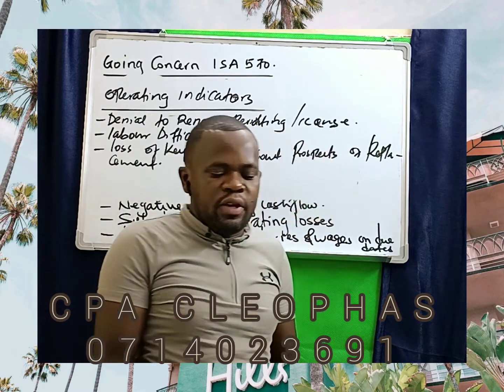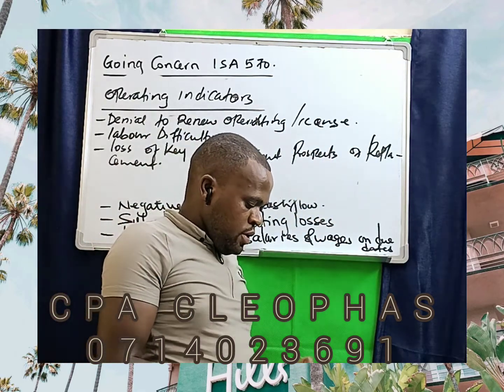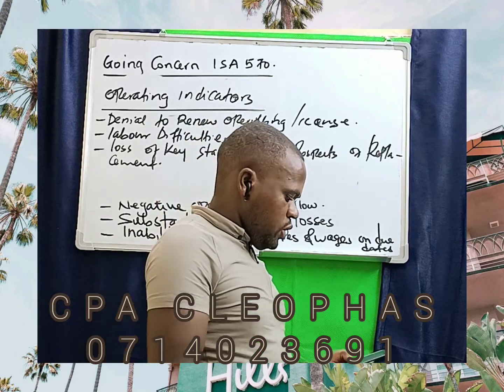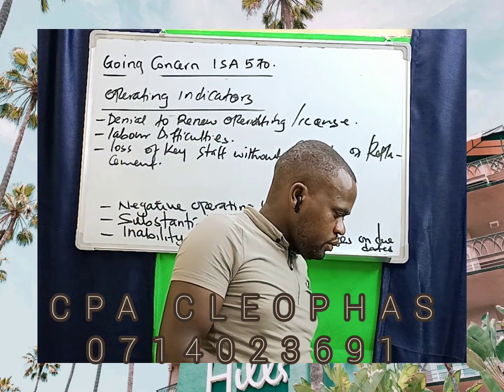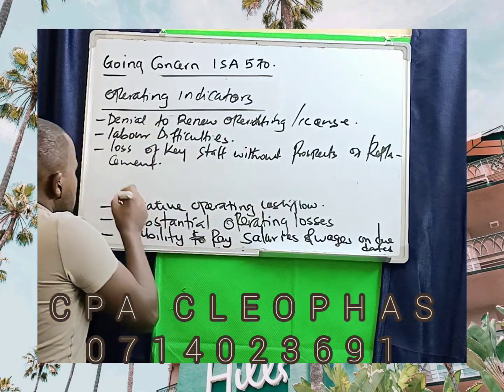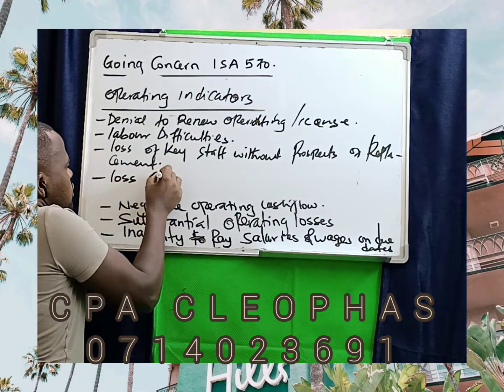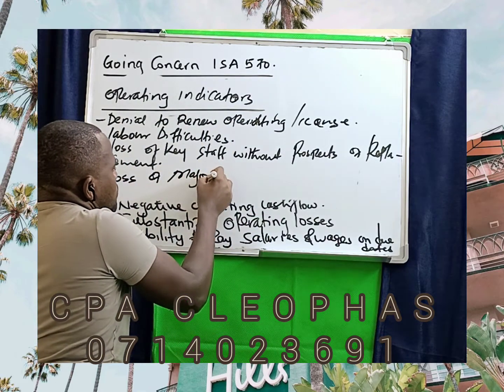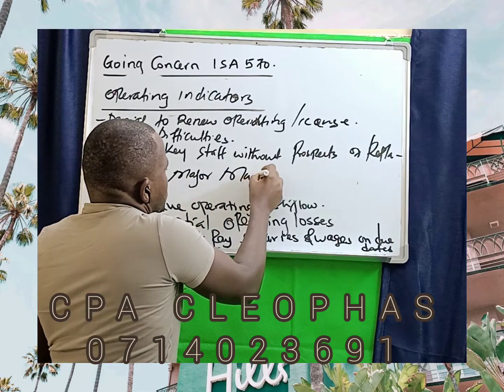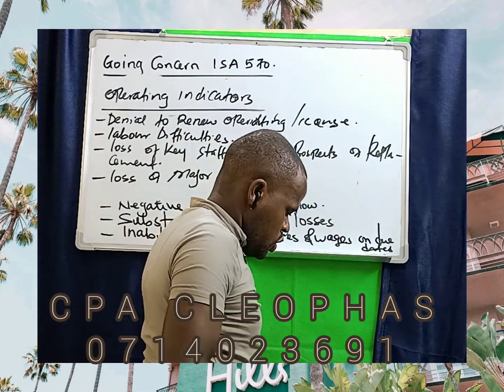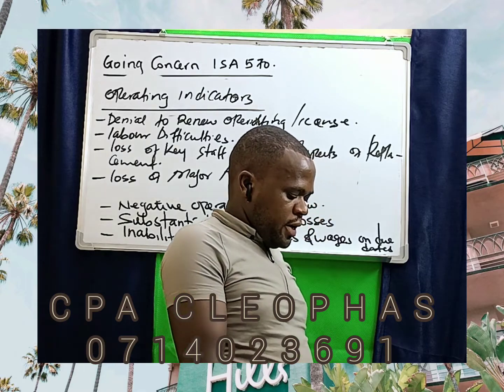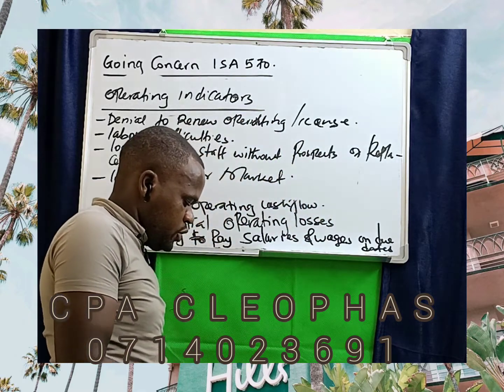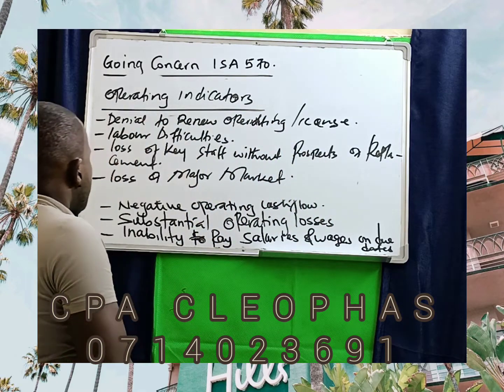So those are some of the indicators of the going concern problem. We can also say loss of major markets. If the company ends up losing the major markets, then it's another problem.